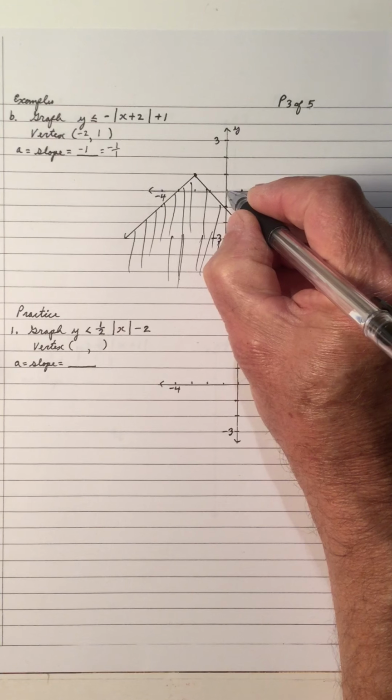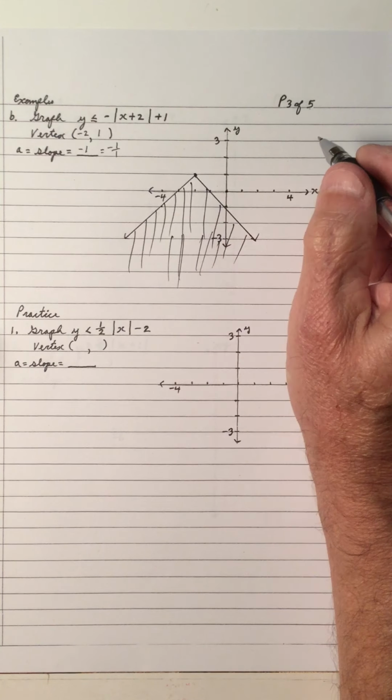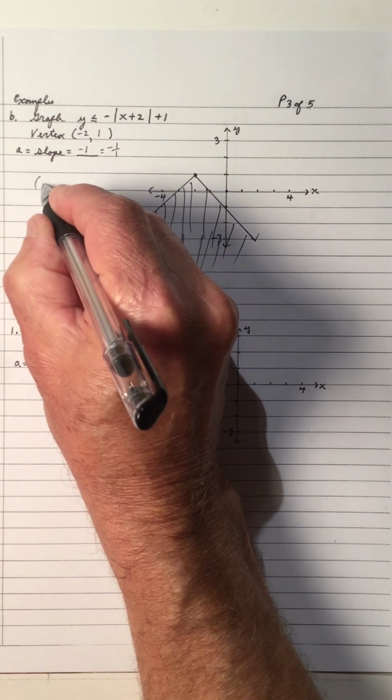And again, the test point I'm going to use is 0, 0. It's the best one to use because it's the easiest number to plug in.